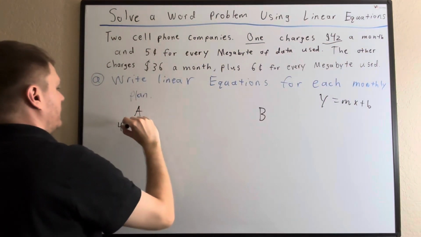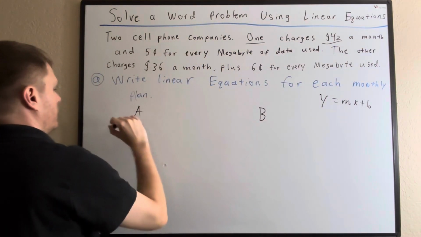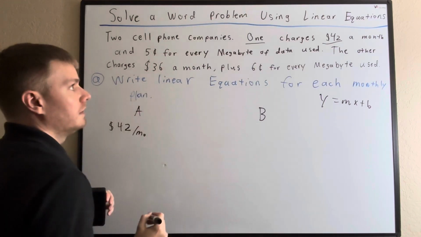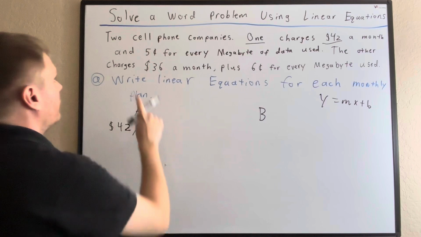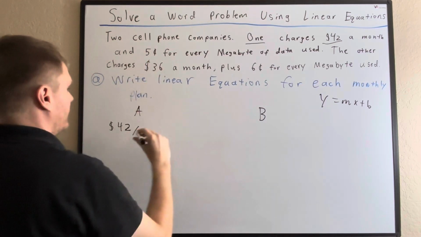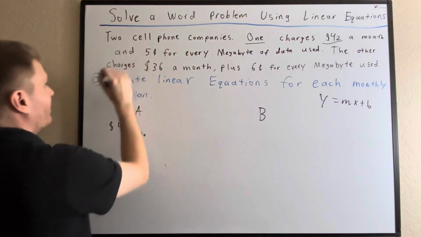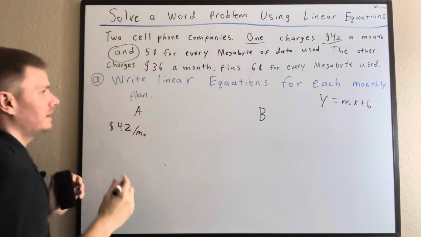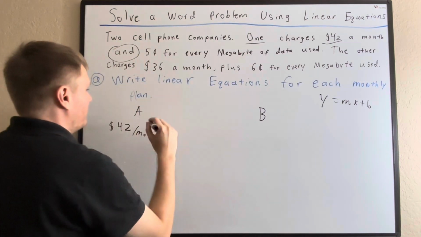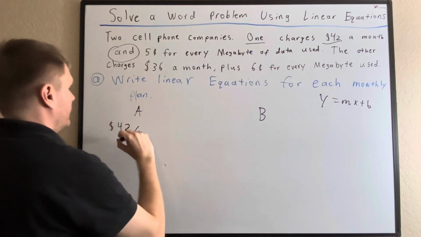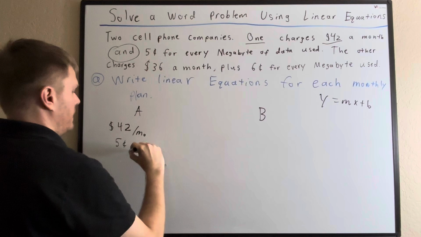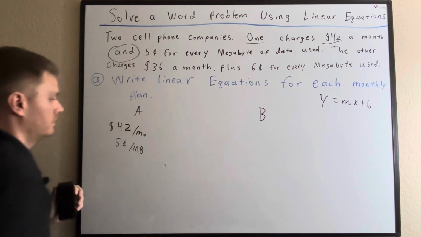Company A charges $42 a month. Okay, so we can write that down, $42 per month. And 5 cents. Why did I stress the word and there? Well, and can have multiple meanings. And 5 cents per megabyte used.